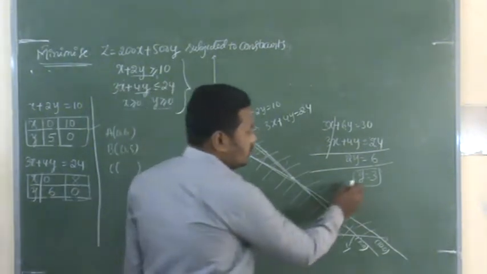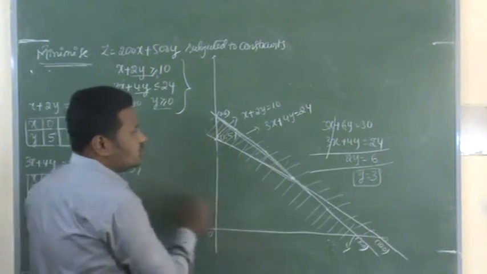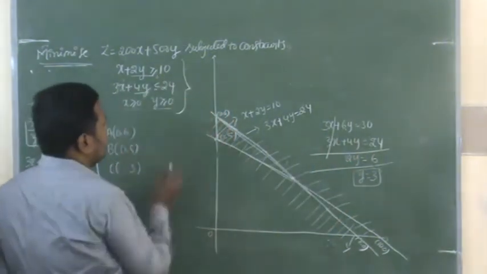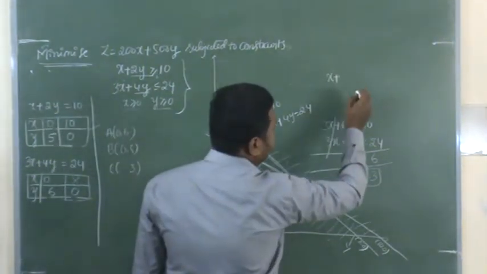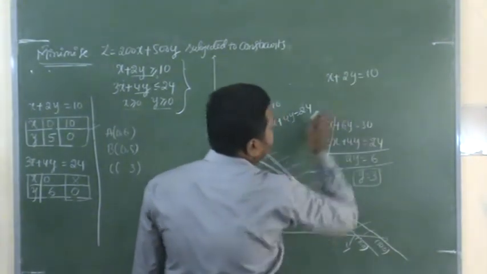Now we know the y value, so substitute it in equation 1. We get x plus 2y is equal to 10.